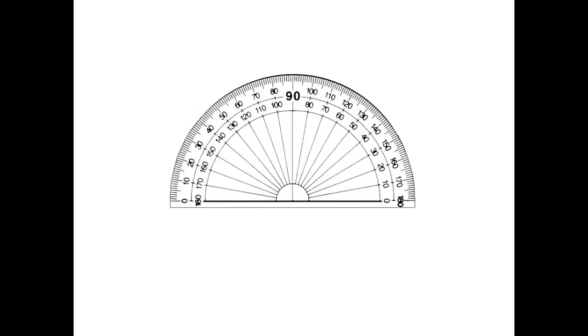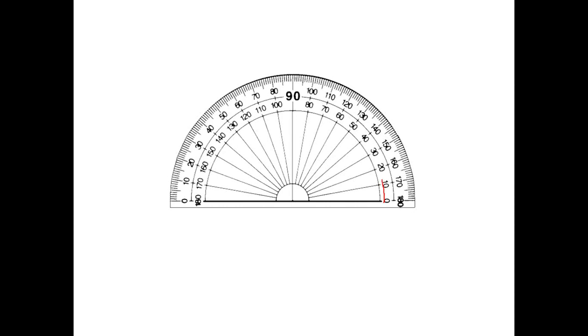Thank you. Now, this is a protractor. I need you to have this protractor with you. If you are on the right side, you start from 0, 10, 20, 30, 40 until you go to 180. If you are on the left side, you start from 0, 10, 20, 30, 40, 50, 60, 70 until you reach 180.